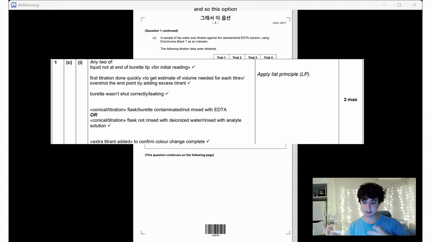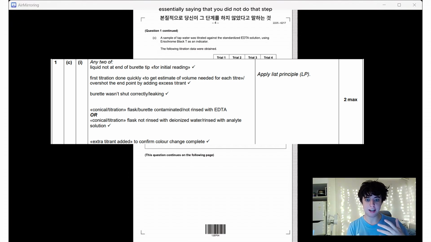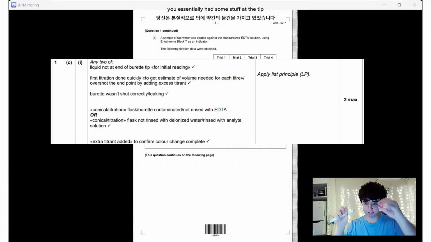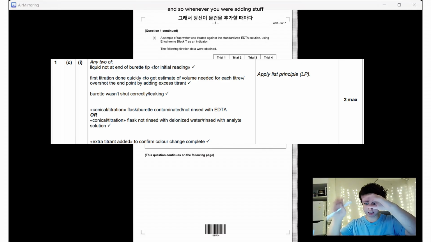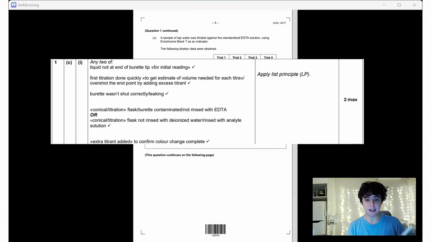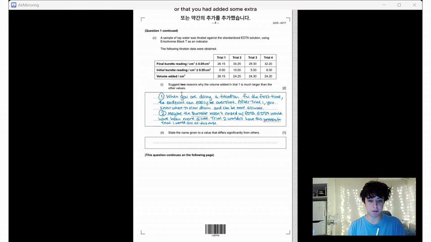This option is essentially saying that you did not do that step and therefore you had some stuff at the tip, so whenever you were adding stuff, that added like an extra milliliter. Another option was that it was leaking or just wasn't shut correctly, or that you had added some extra titrant in order to confirm that the color change was complete. All of these are very good options.